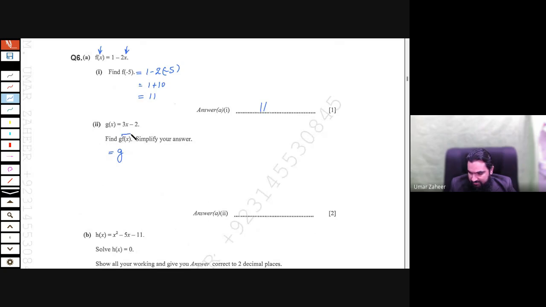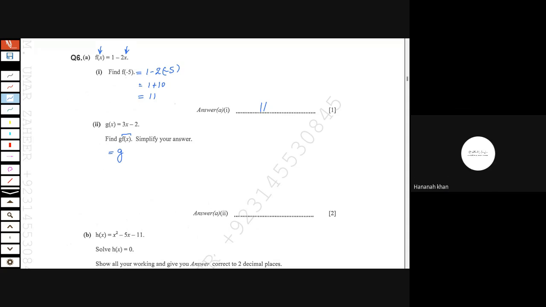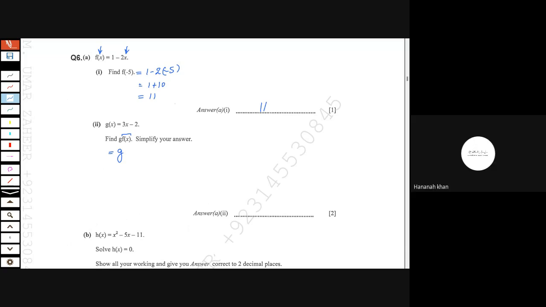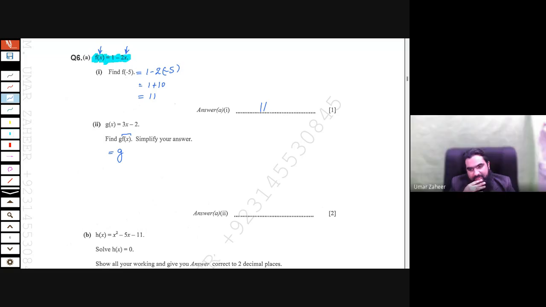So the first function is f of x, which is 1 minus 2x. So g as it is, at the place of x, you have to substitute the value of f of x.